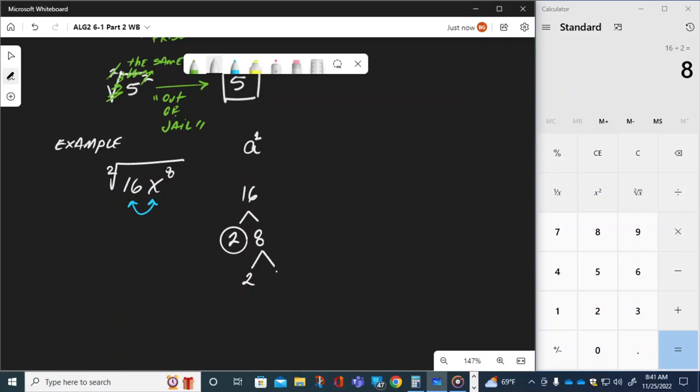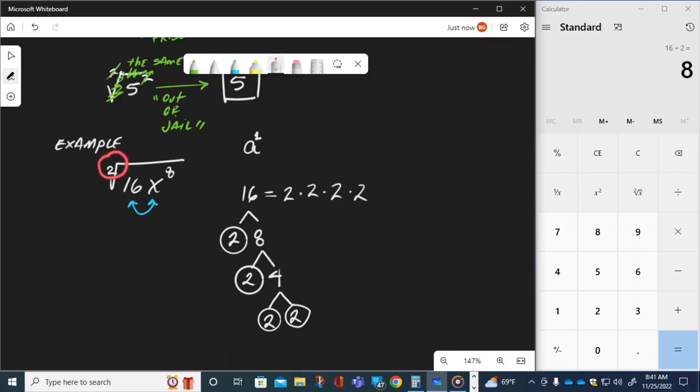So 2 times 4 is equal to 8, and 2, again, is prime, and then 2 times 2 is equal to 4, and there you have it. So this here is equal to 2 times 2 times 2 times 2.